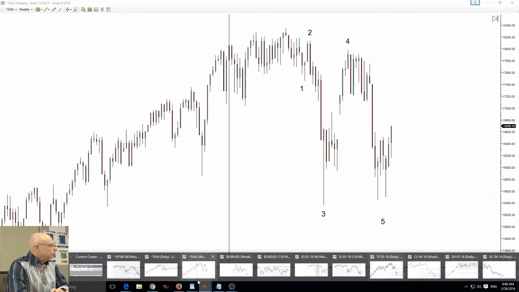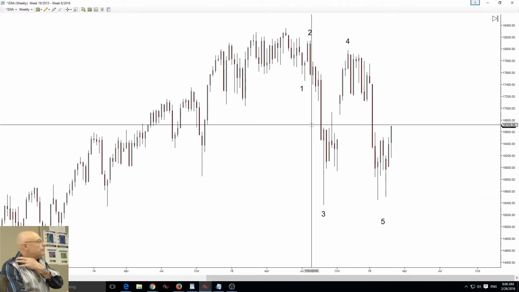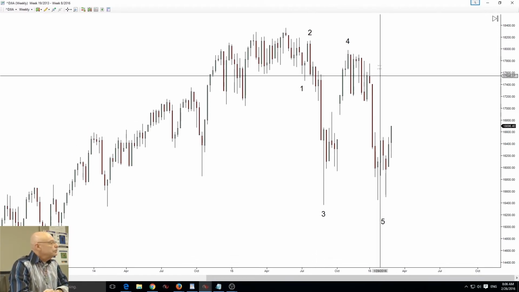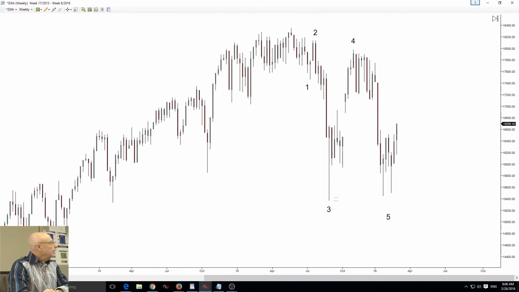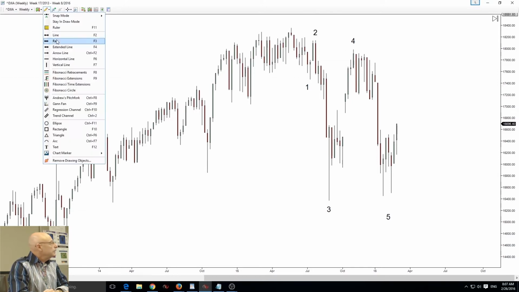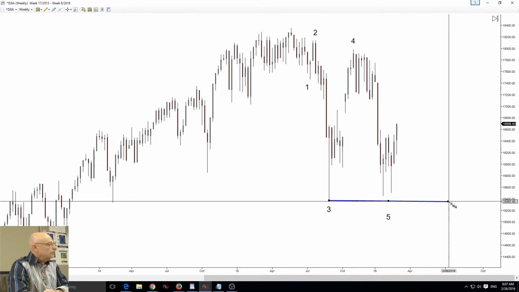Okay, let's go back to Dow Jones Industrial Average. The bearish view, because we are in a bearish, bigger time frame market, and it will be constituted, we're going lower if we take out that low.